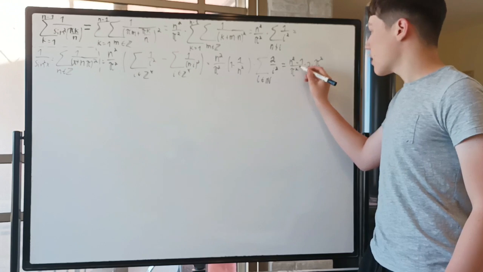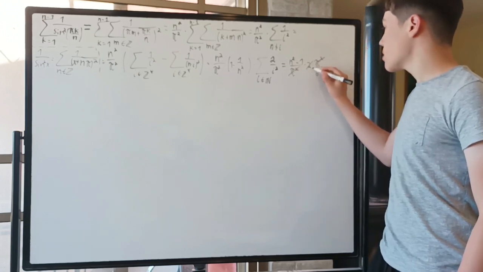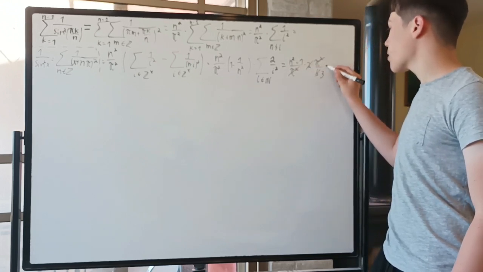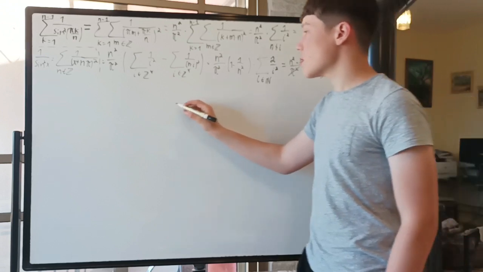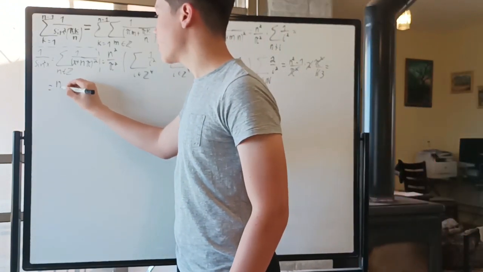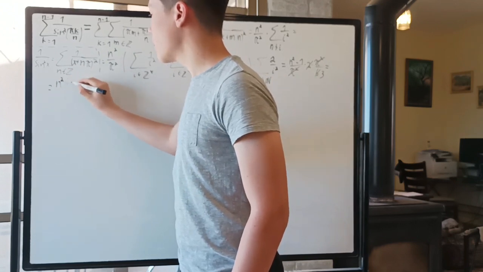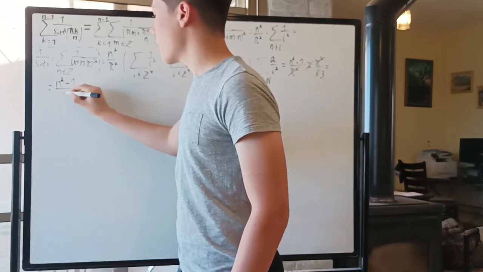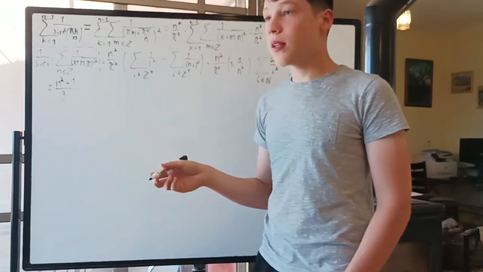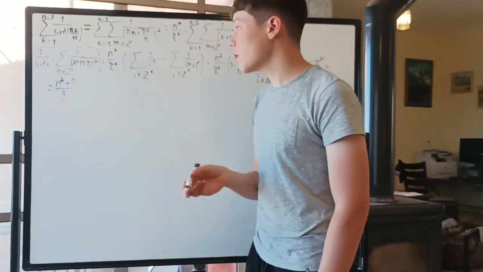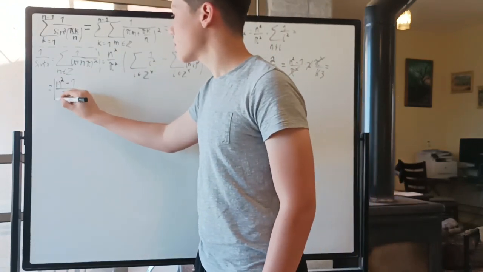So now we have pi squared canceling out, 2 cancels with the 6 to give us a 3, and we end up with the final result of n squared minus 1 over 3, which to me is a bit unexpected from the sum, but that's the result.